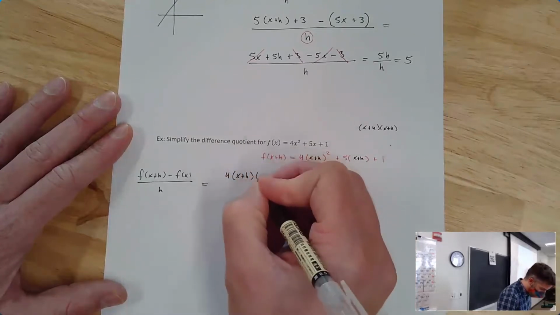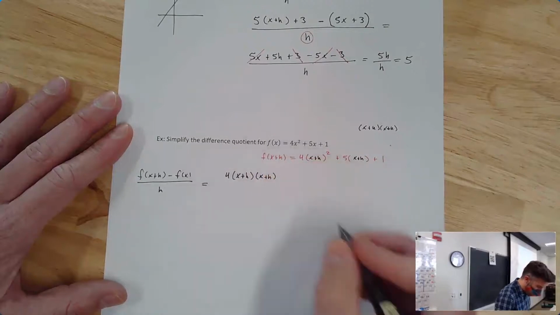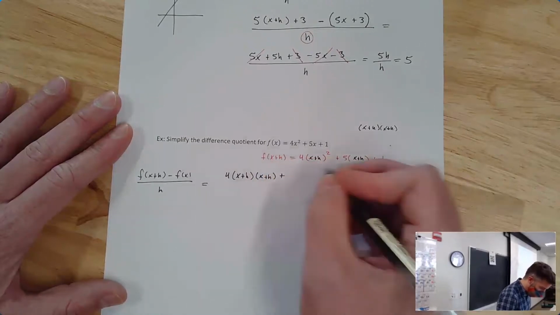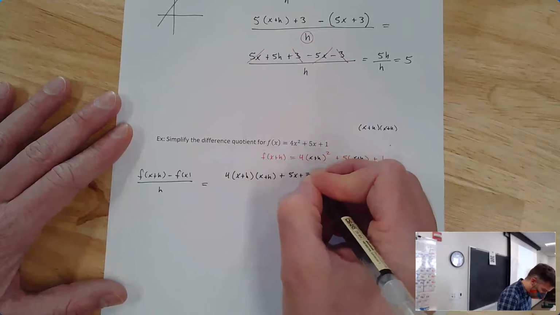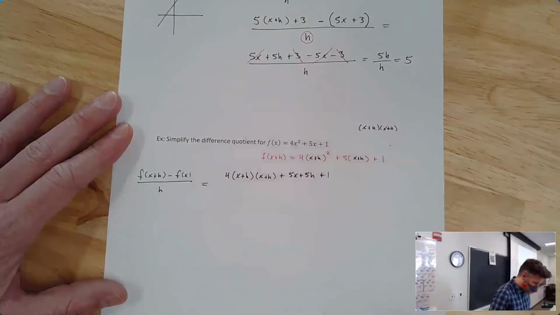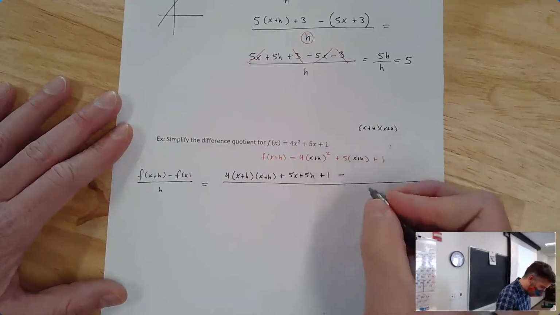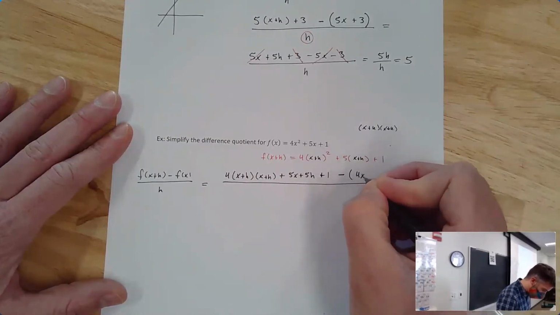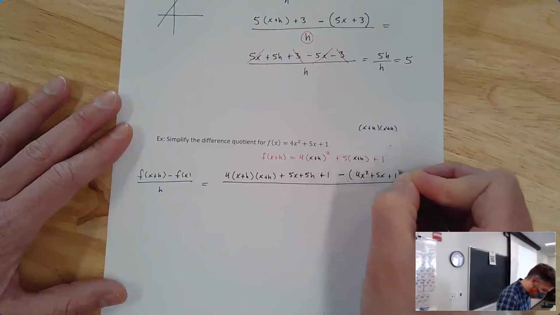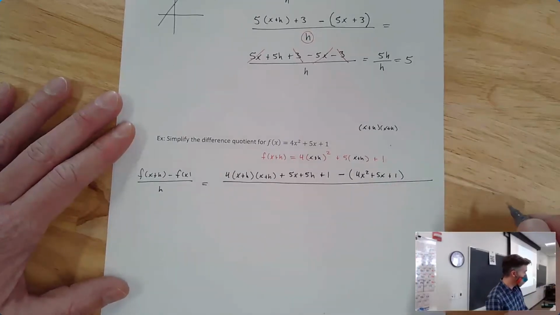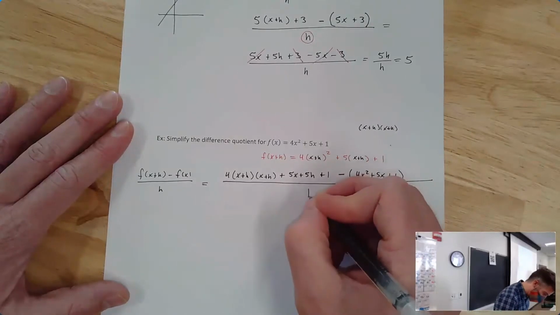I'll distribute the 5 here. That's my f of x plus h, minus all of f of x, which is 4x squared plus 5x plus 1, in parentheses so that I can distribute the minus sign, all over h.